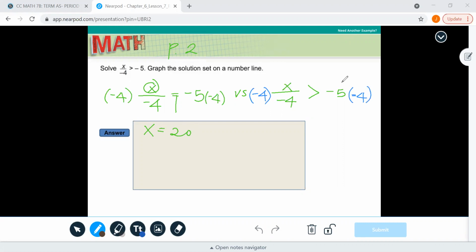Either when you multiply or divide by a negative number, you need to reverse the sign, okay? So now here we have X is less than 20. And then you show the solution set on a number line. So there is no equal sign, so it's an open circle. X is less than 20, so left side.